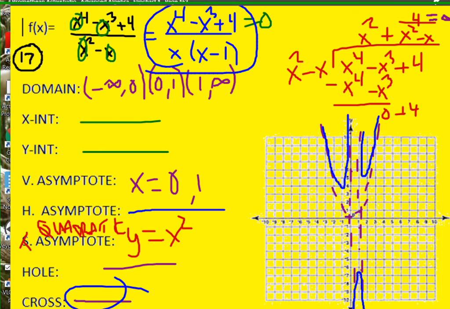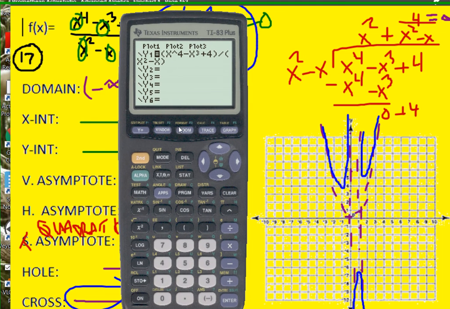So what I want you to do, though, is if you look at this graph, which we're going to use on our calculator, I'm going to draw in a bit of a thicker line what our slant asymptote is supposed to look like. So first, let me just draw out what the original graph is. There it is, right there, that vertical line representing your vertical asymptote going on there.